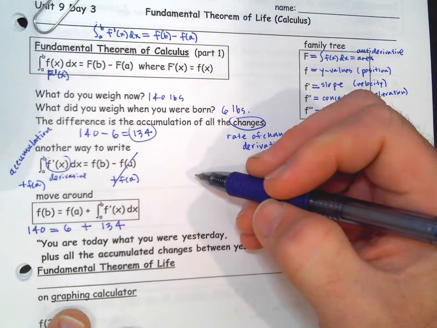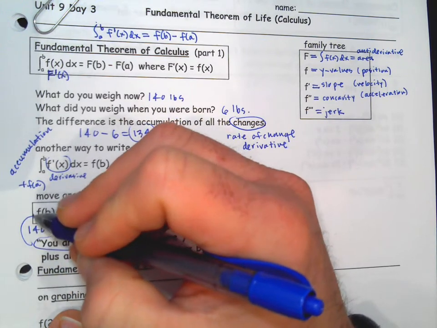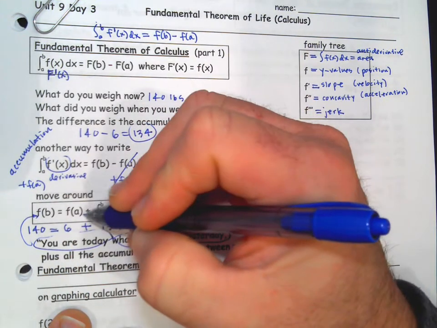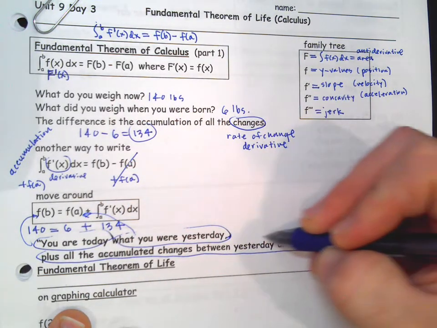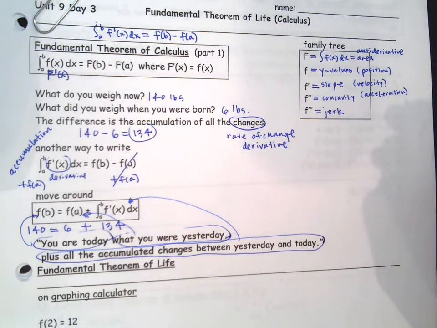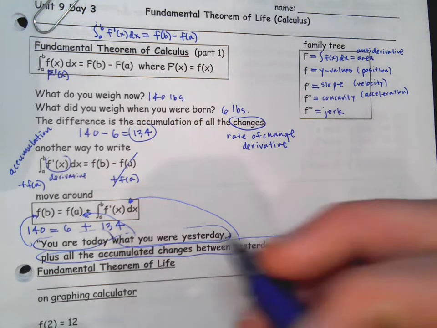So you can think of this as you are today what you were yesterday or before, plus the accumulation of all the changes between yesterday and today, which would be this integral of the derivative. So whatever the status is now, it is what it was before plus the changes that have happened since then, right?